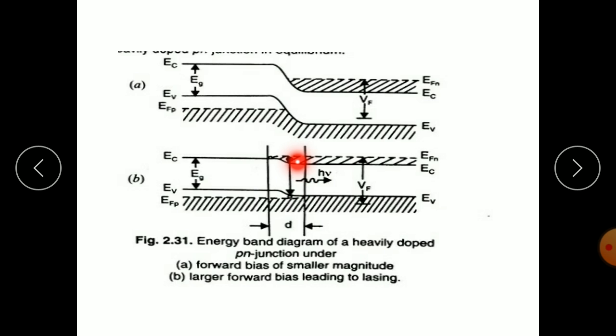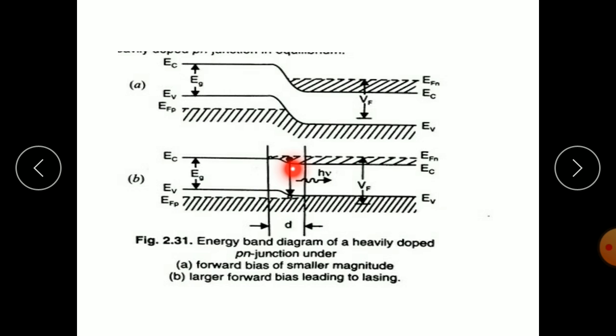Electrons from the n region go towards the p region, and in this depletion region they recombine with the holes, and due to the recombination of the electron-hole pair, energy is emitted as one photon. This h nu is the energy of the photon emitted inside this region.